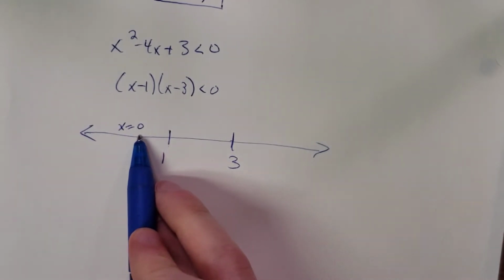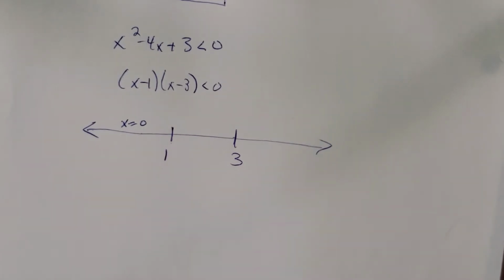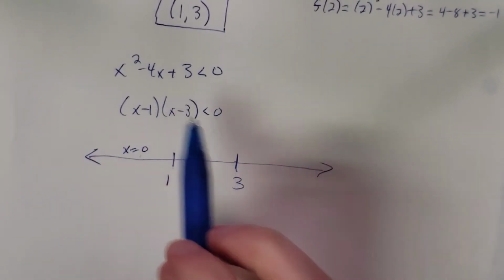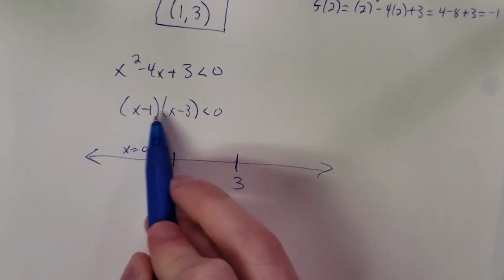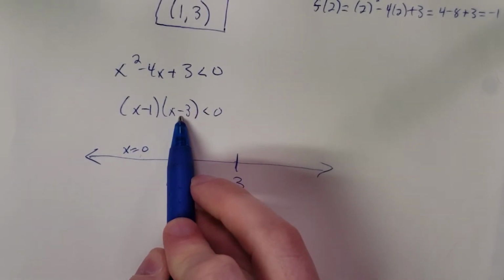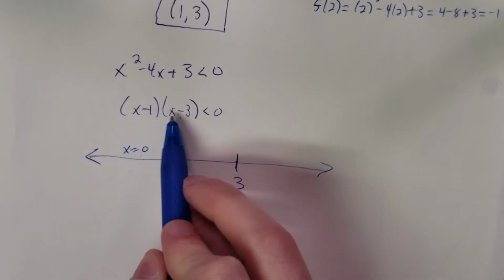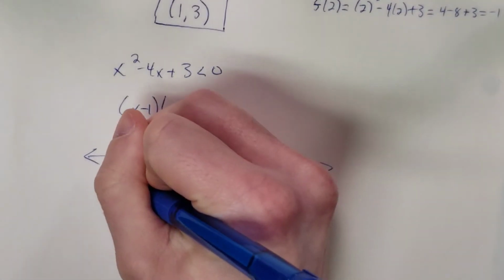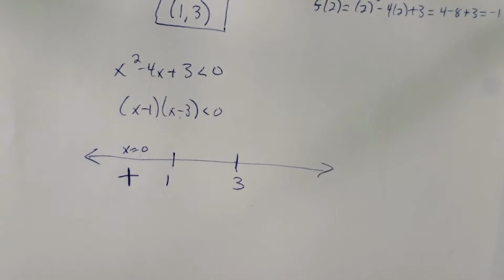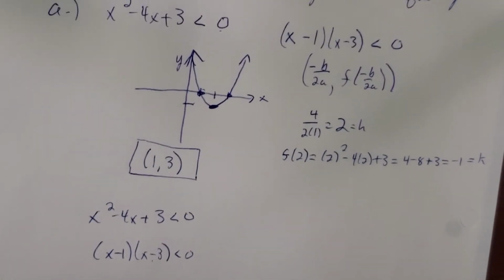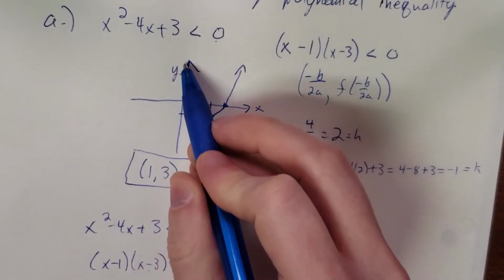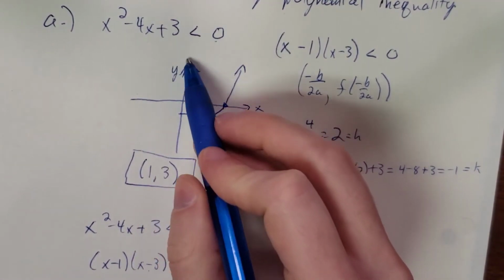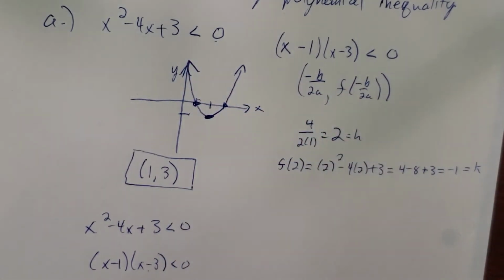Here I'm choosing 0. If I just plug in 0 into the function, how do I do that? Well, 0 minus 1 is a negative value. 0 minus 3 is a negative value. So I get a negative times a negative. So what is that? That tells us our function is positive on that region. If we go back and we look at the picture, we see that that's true. From negative infinity to positive 1, our function is above the x-axis, i.e. it is positive.